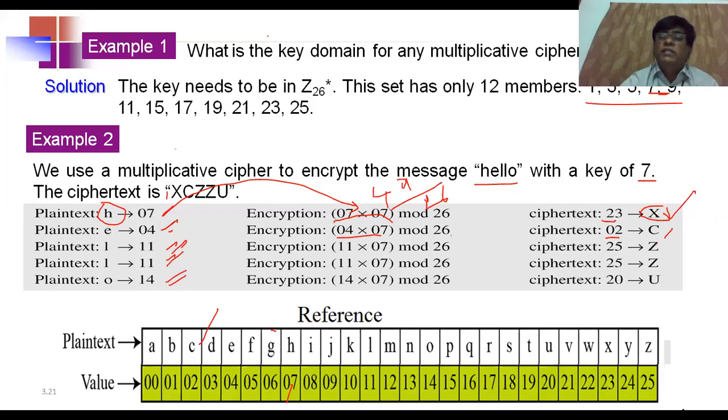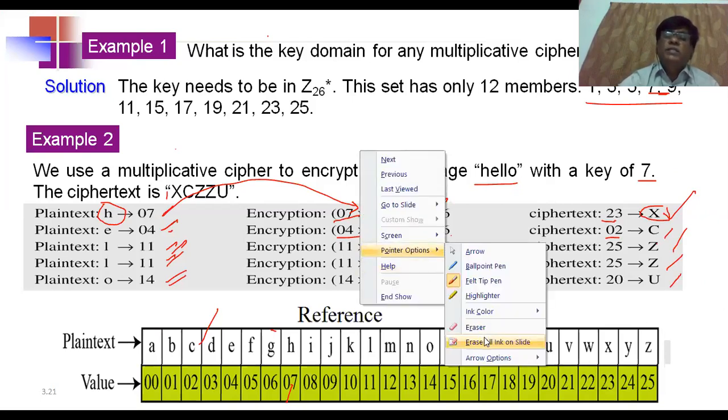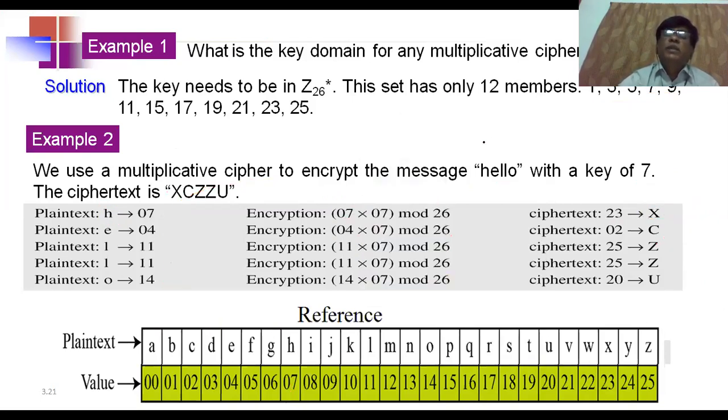Its equivalent character is Z. So l is converted into Z, again Z, and this o is converted into U. So by using the multiplicative cipher methodology, the word hello is converted into XCZZU. This is the ciphertext which is received by the receiver.